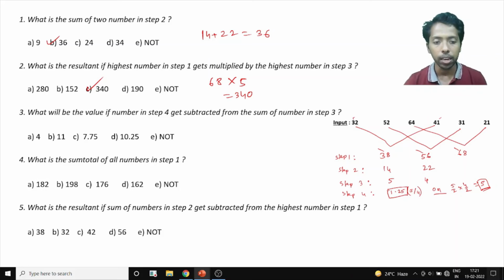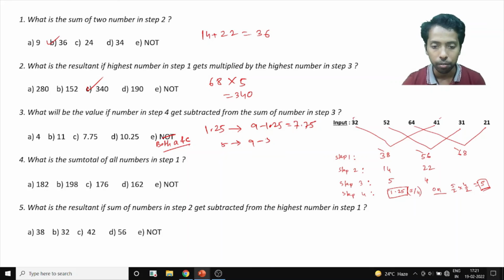What will be the value if the number in step 4, that is 1.25, now comes into question. This is none of this. This is both A and C. Okay. I am just fixing it because I know what's the answer. So that's why, it's just a typo. Just fix it. What will be the value if the number in step 4 gets subtracted from the sum of the number in step 3? That is 9. So 9 minus 1.25, right? It gives 7.75, and if 5 is there, 9 minus 5, that is 4.